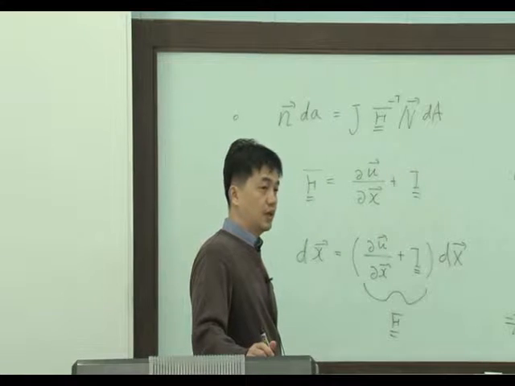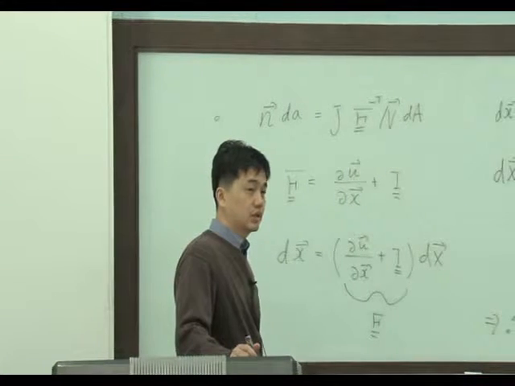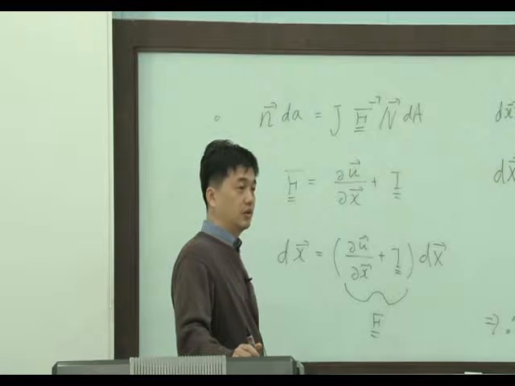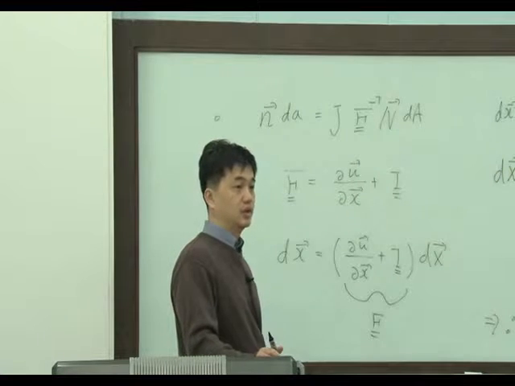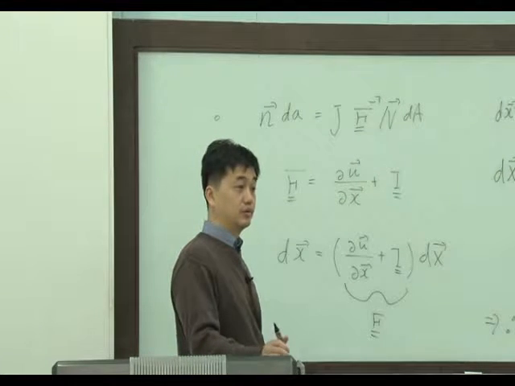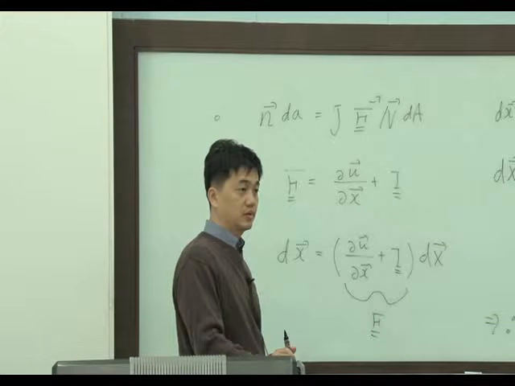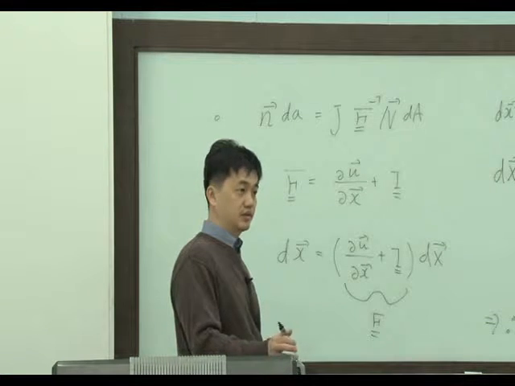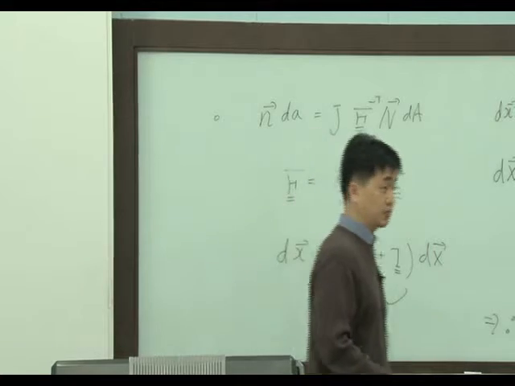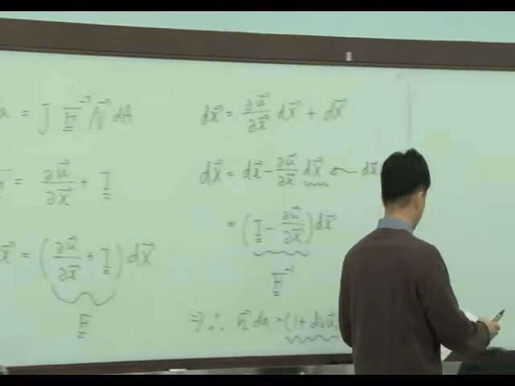Now let's see what happens to the Green-Lagrange strain tensor when we use the small deformation theory, when we use the assumption for small deformation.